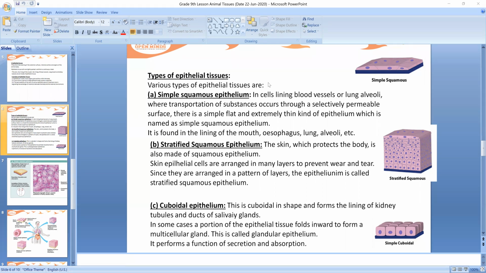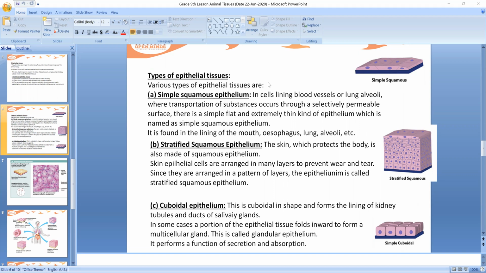It is found in the lining of the mouth, esophagus, lung alveoli, etc. Where is simple squamous epithelium found? It is very thin. It is found in the mouth, esophagus, lung alveoli, etc. What is that? Simple squamous.